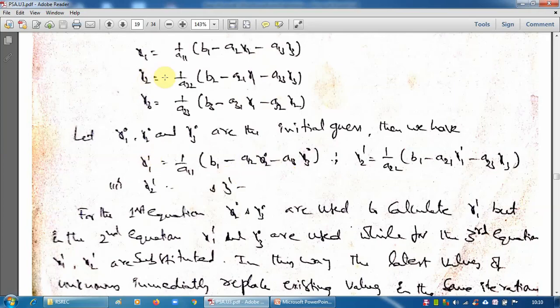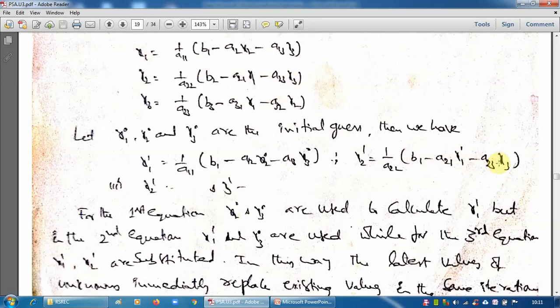Now go for the second equation. Here substitute x1. Just now we calculated it in the previous equation, so you substitute here in the second equation, x1 1. Same thing, this equation is written here, but in place of x1, as we have calculated a fresh value of x1, that is substituted.